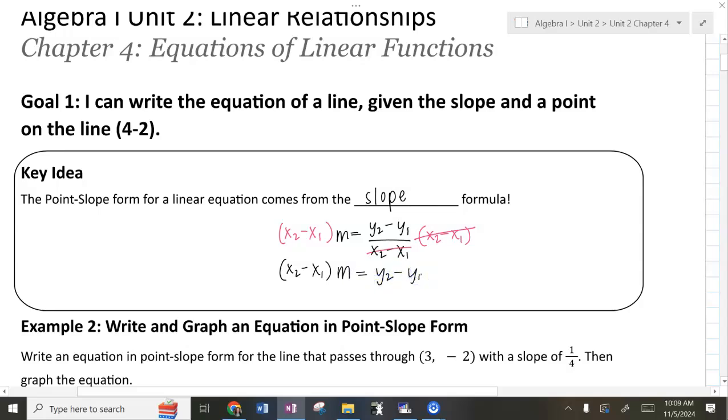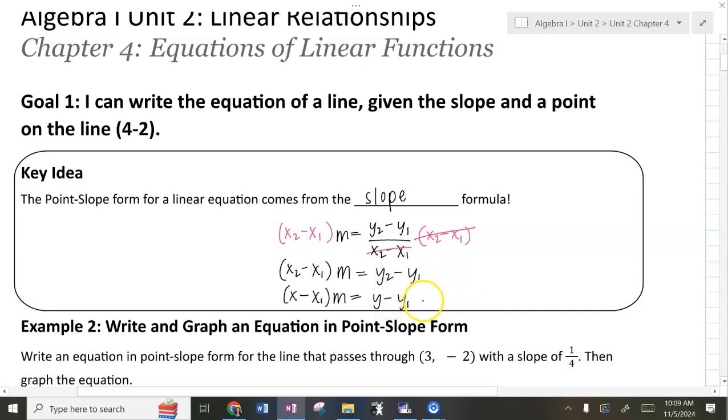Now, we're only going to have one point that's given to us, and we have to keep the variables x and y. So instead of using x2, we're just going to put x minus x1 multiplied by the slope equals y minus y1. So instead of the second point, we're just going to use the variable x and y.